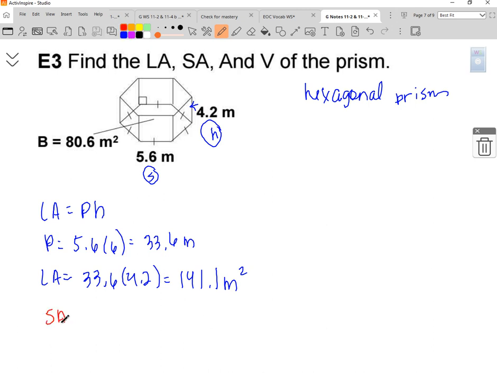Surface area is 2 times the area of the base plus the perimeter of the base times the height. What looks harder is actually easier. We don't have to find the area of the base. So 2 times 80.6 plus the perimeter of the base that we already found, 33.6, times the height of the prism, which is 4.2.